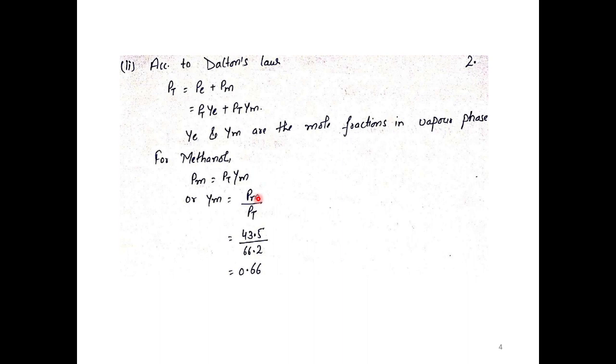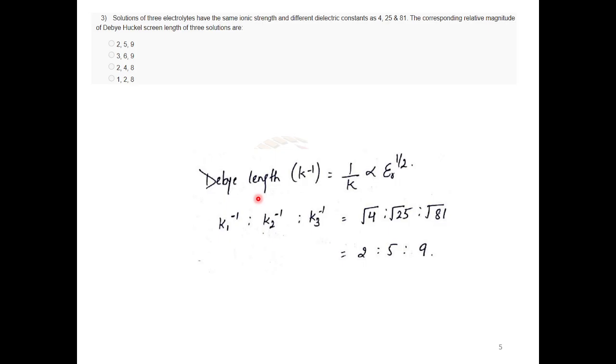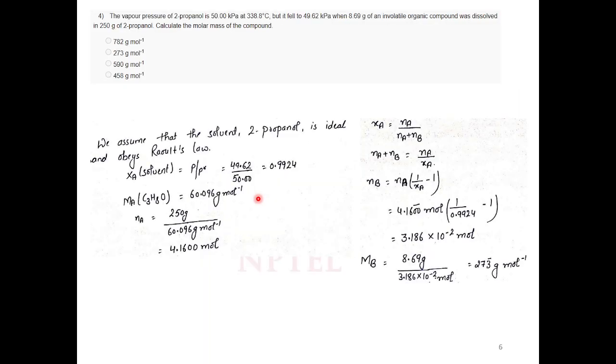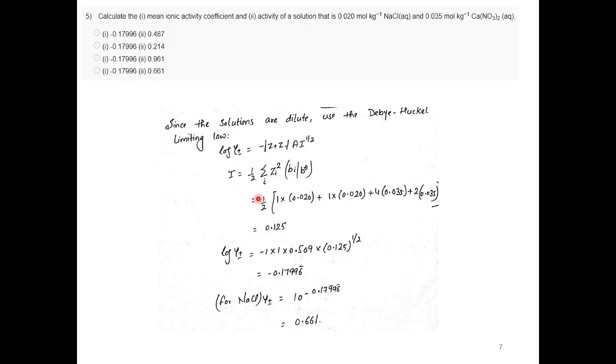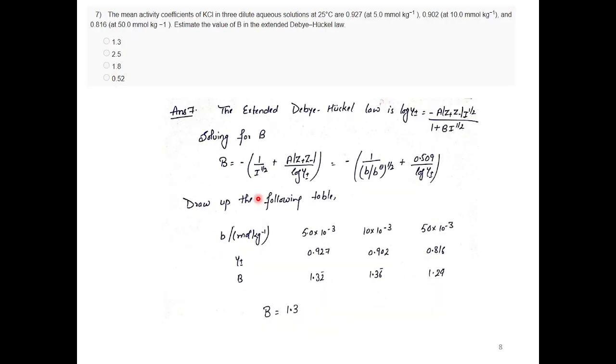After that, we take the Debye screening length, where you get the three solutions, root over 4, root over 25, root over 81, and then we calculate the molar mass of the compound and the mean ionic activity coefficient. Then we got to know the value of B in the extended Debye law equation.